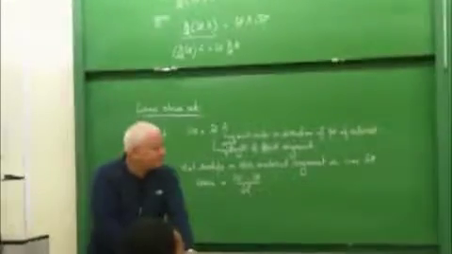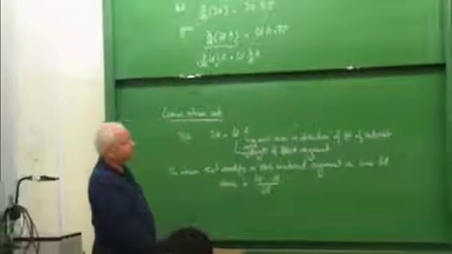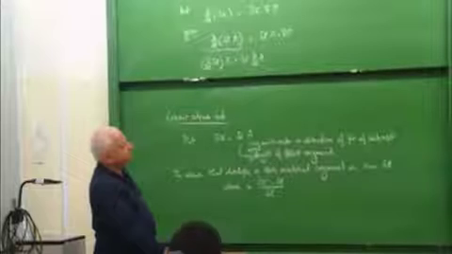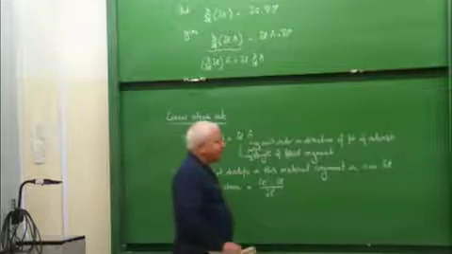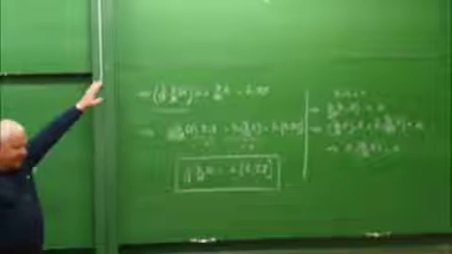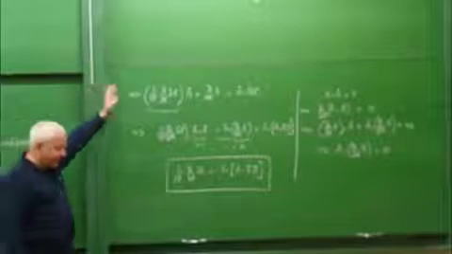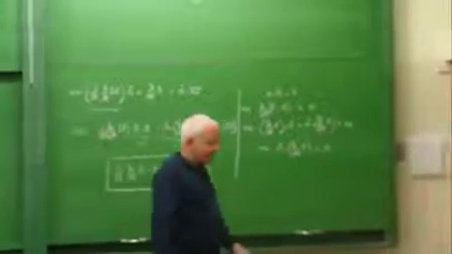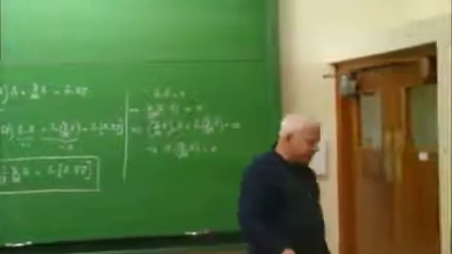Is there any question that you have on this derivation? So what is important here is to know exactly what we're looking for. In this case, we're interested in the strain that the fluid undergoes.